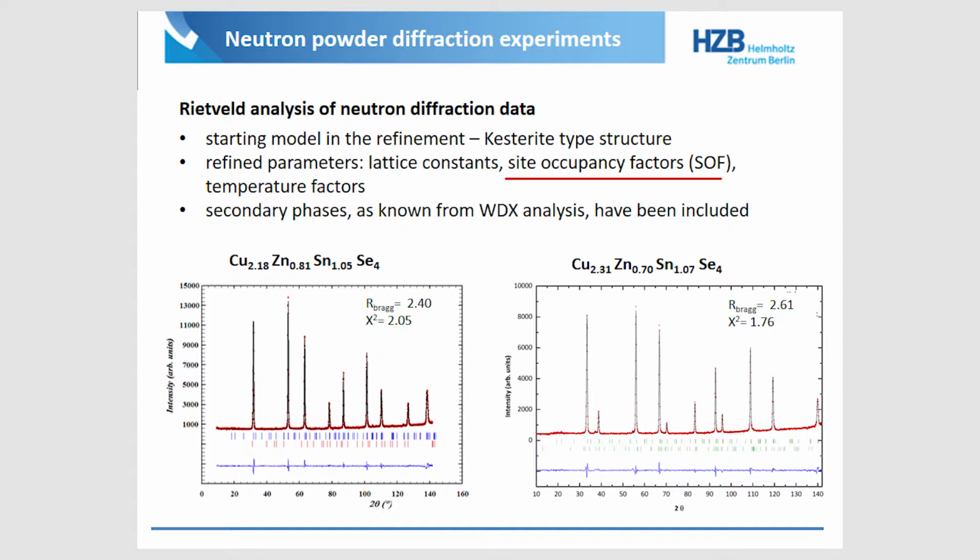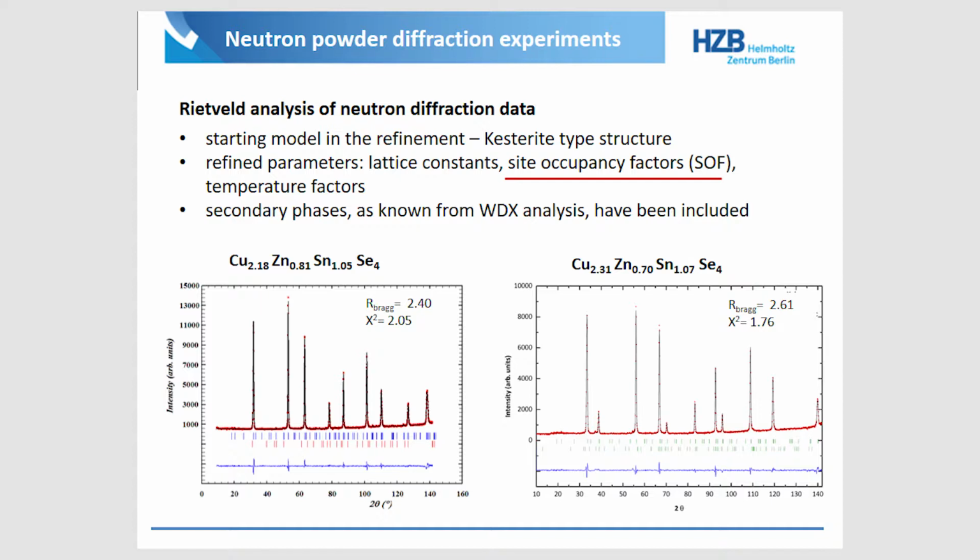So it's a structural refinement, not a structural determination. Then we get the lattice constants, the site occupancy factors, and temperature factors. These are the factors corresponding to the structure, and then you have all the global parameters, like peak shape, background, and all the other things. And we include the secondary phases, which we know from the WDX analysis.